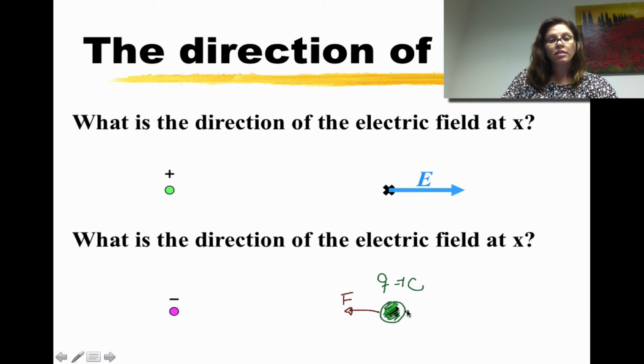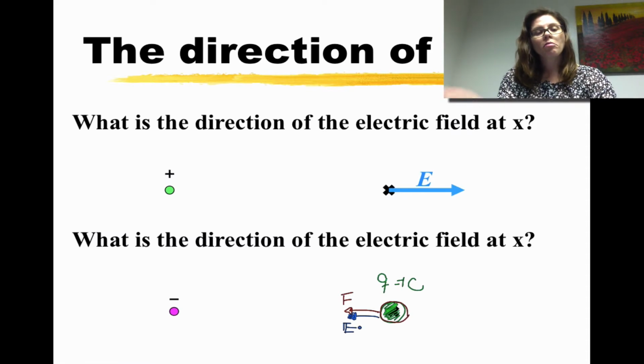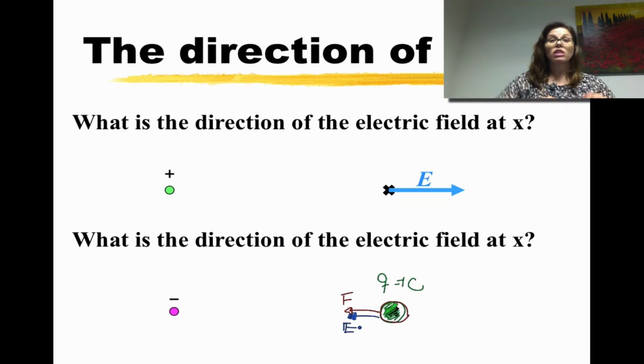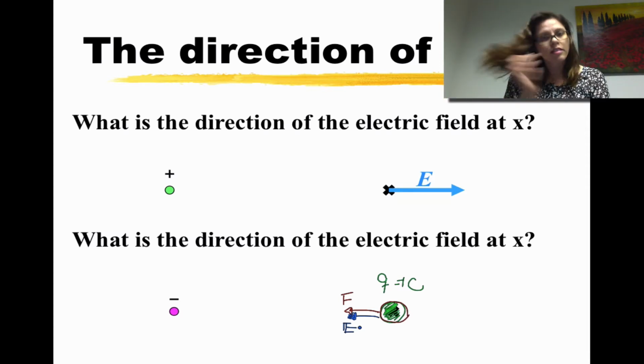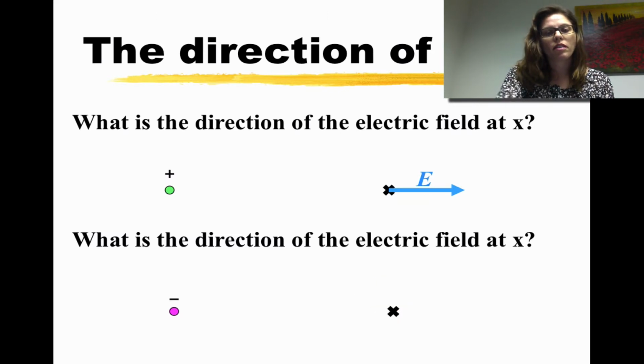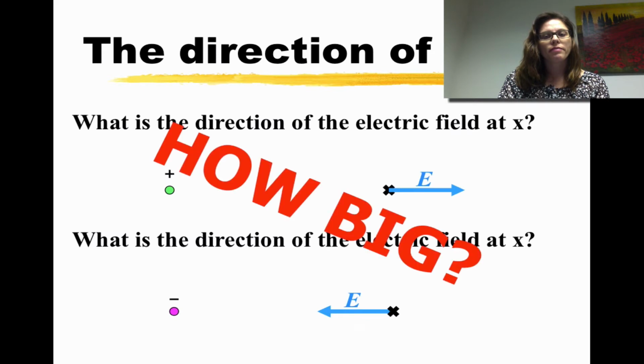Since this is a positive charge at the point that we're dealing with, the force and electric field are in the same direction, so the electric field would be to the left. A way to remember that is that the electric field goes out of positive into negative.